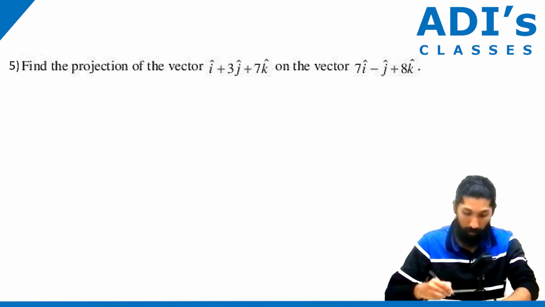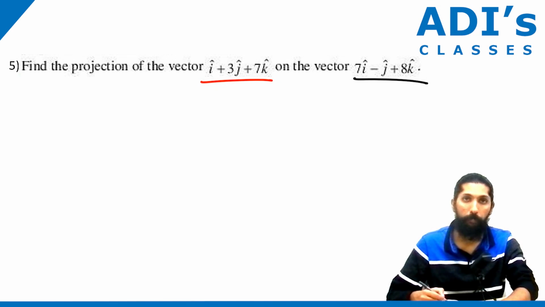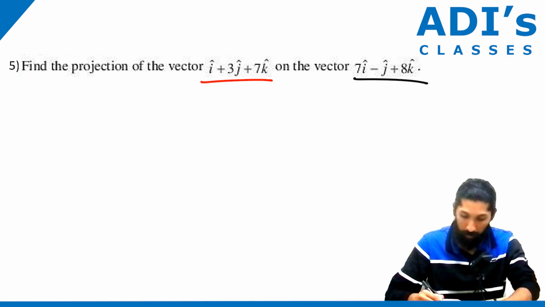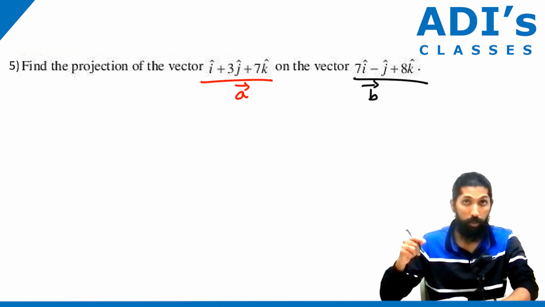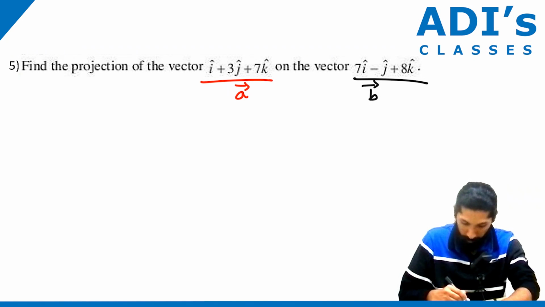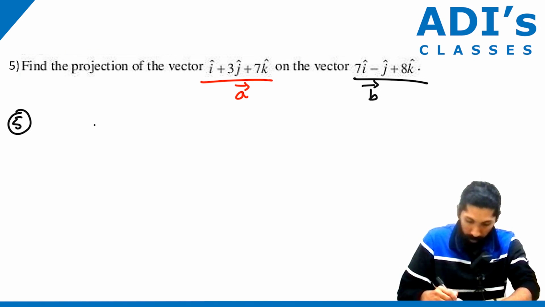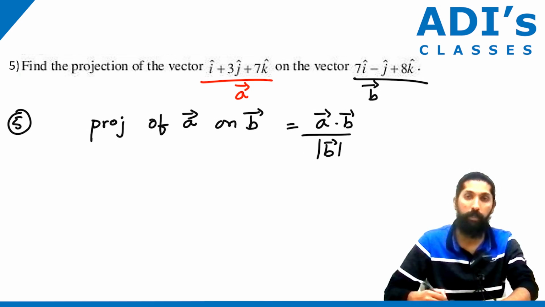See here, projection of this on this one, isn't it? This is vector A and the next one is going to be vector B. Correct? Projection of vector A on vector B. So for this one, projection of A on B is basically A dot B by mod of vector B. Correct?